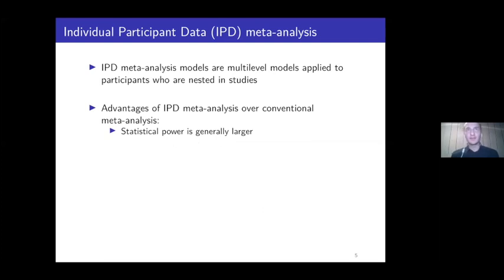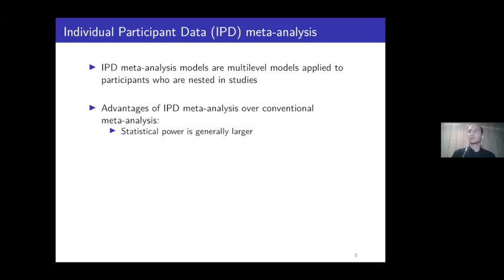So IPD meta-analysis, in principle, is applying multi-level models to the data of the participants, which is nested within the studies or within the labs in a multi-lab replication project. An advantage of this IPD meta-analysis over conventional meta-analysis is that, first of all, statistical power is generally higher to find a treatment effect.